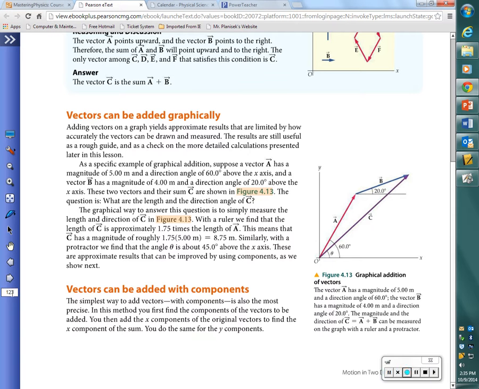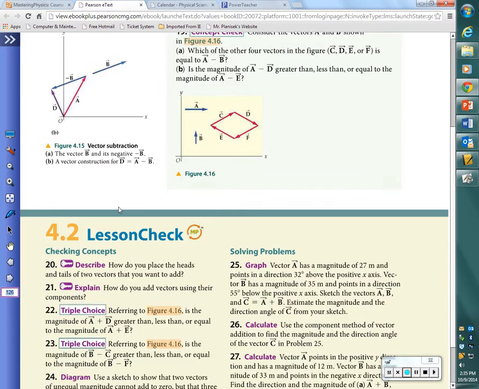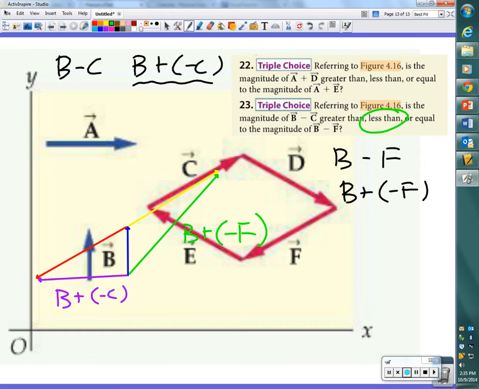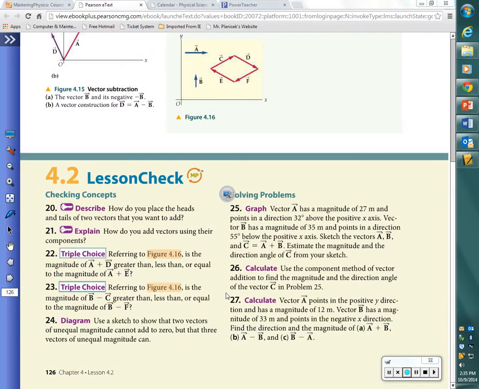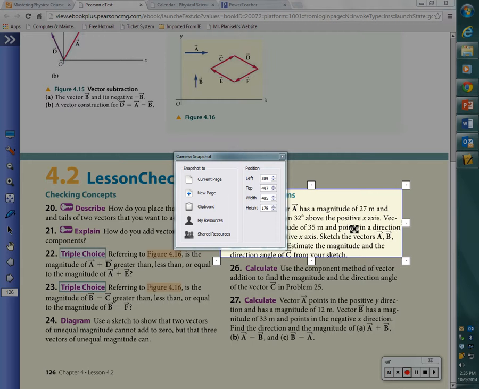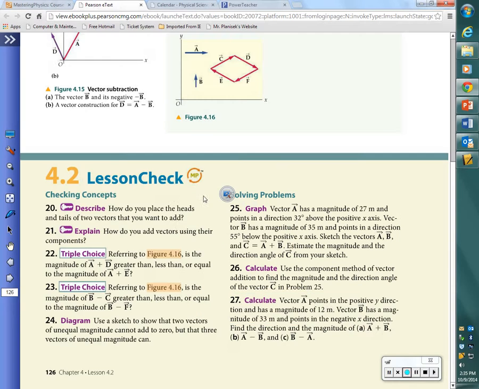The example that I'm going to do is again on page 126. And it's question number 26, but you need some information from 25 in order to do it, so I'm going to put both of them up here.